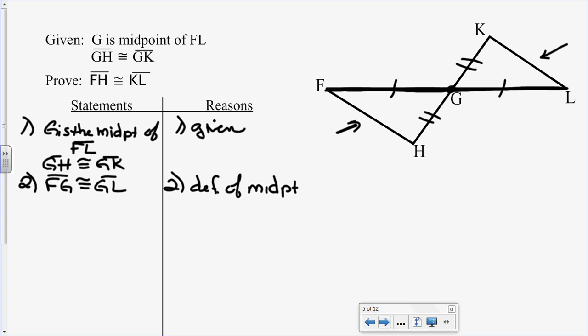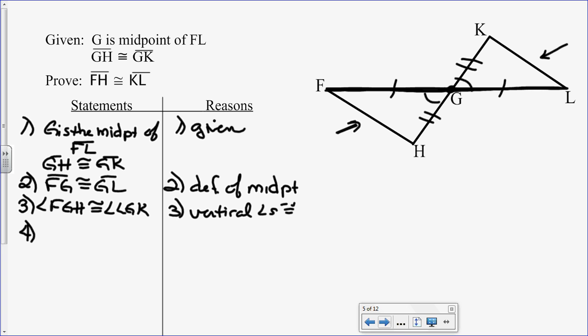Okay? So we have two pairs of sides. Let's get an angle. How do we get a pair of angles? Vertical. So let's name them properly. We need a three-letter combination. So are the triangles congruent? Side angle, side.